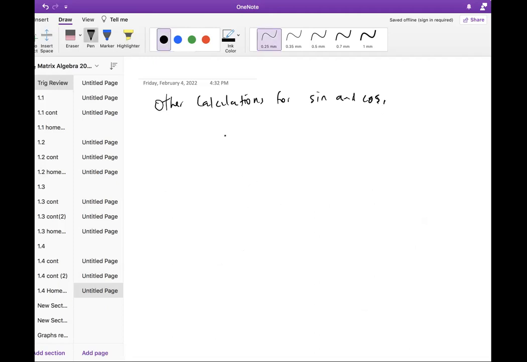So let's think about an equilateral triangle with length 1.